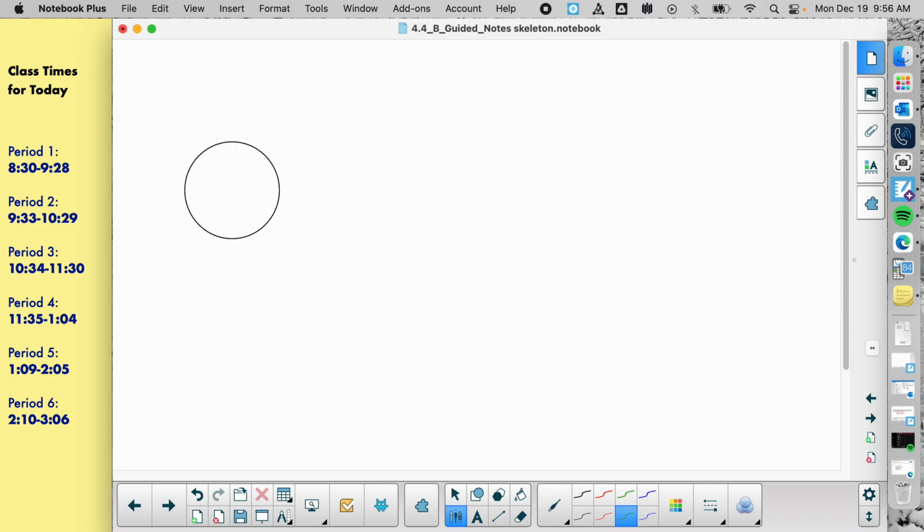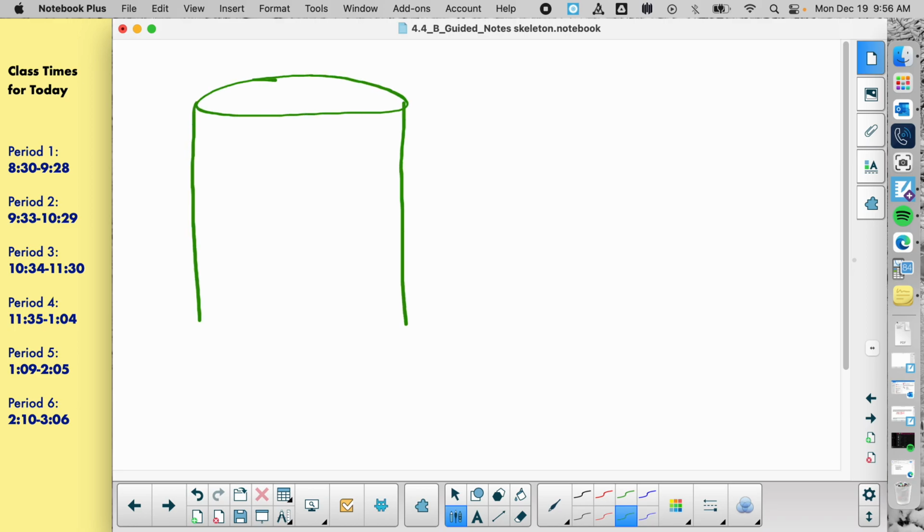Let's talk about how bad that picture looks. So, this is a circular prism. A prism just means that the shapes on each end are the same, and then they're connected by depth. So, a triangular prism would be like a tent.